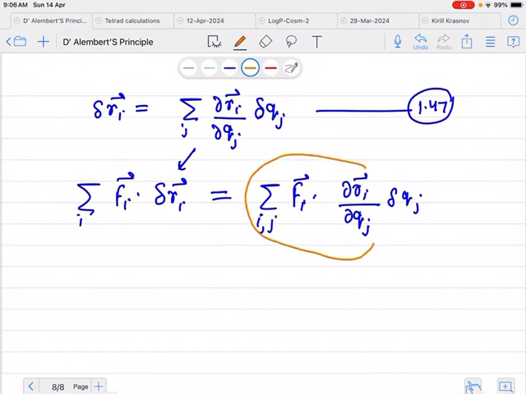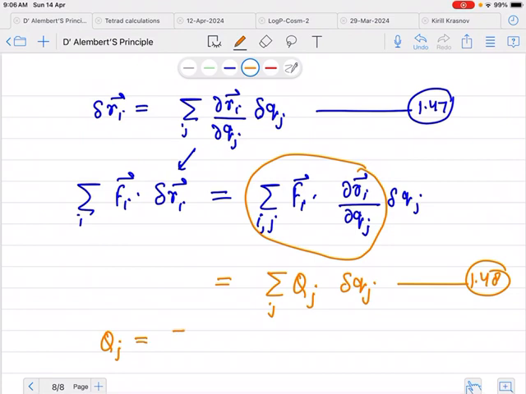This whole term is known as the generalized force, Qj del Qj. Equation 1.48. So Qj are called the components of the generalized force and Qj is defined as this. So there are several examples, just like in a rotational motion, this torque becomes the generalized force and the theta becomes the generalized coordinate or displacement, delta theta.